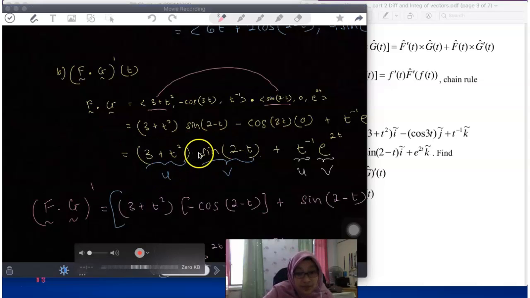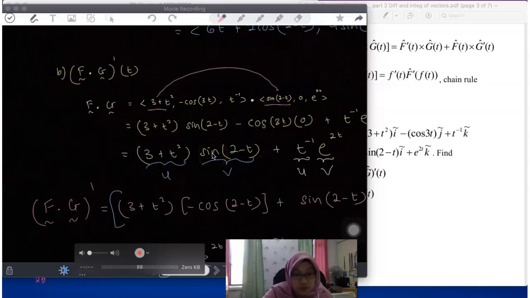The two functions are multiplying each other, so you have to apply the product rule. That's why I put uv, which means we apply the product rule: uv prime plus vu prime. Here u does not change, and for v prime we differentiate sine with respect to t.